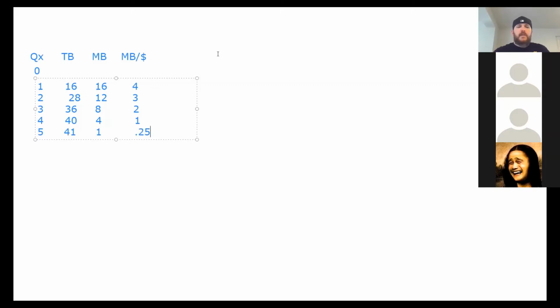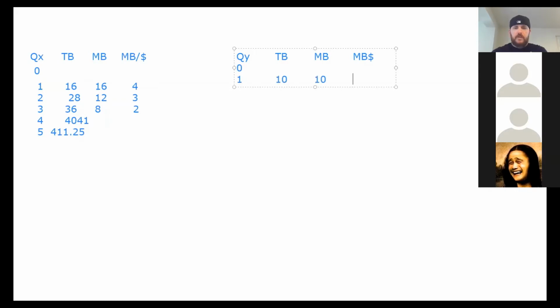All right, and then we have the quantity of good Y. Total benefit is 10, 5, 2.